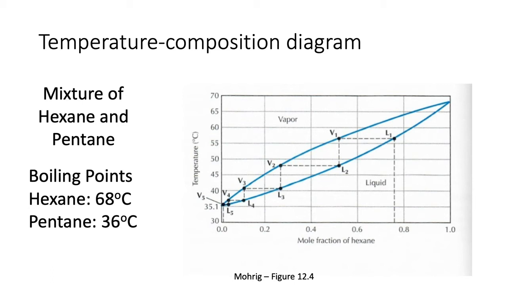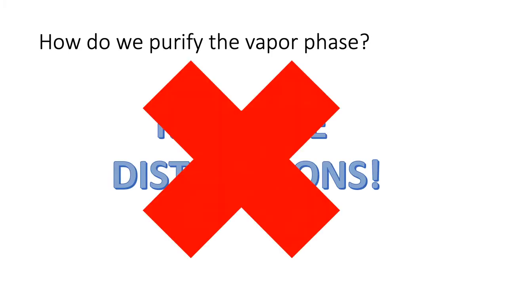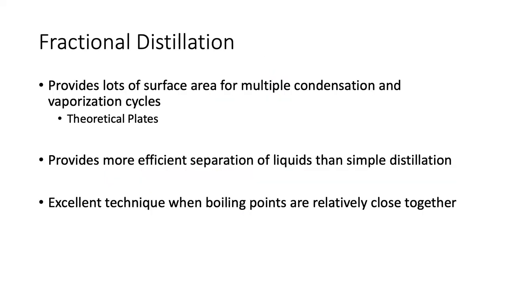So if we have these two liquids that we are trying to separate, limonene and carvone, and we want to make them pure, how are we going to do that? A lot of distillations. Or we can do what's called a fractional distillation.